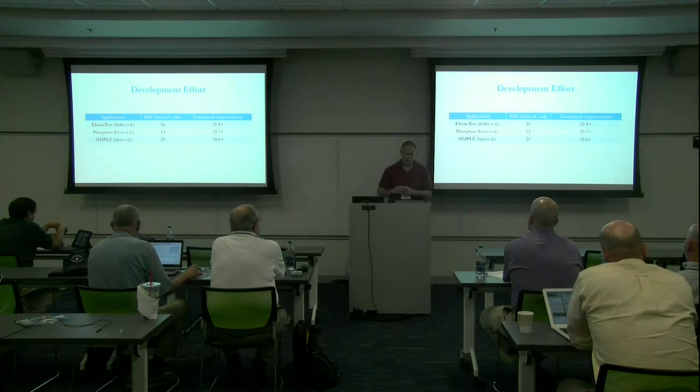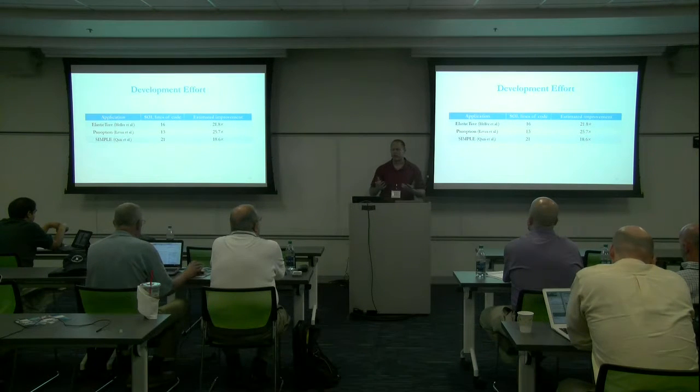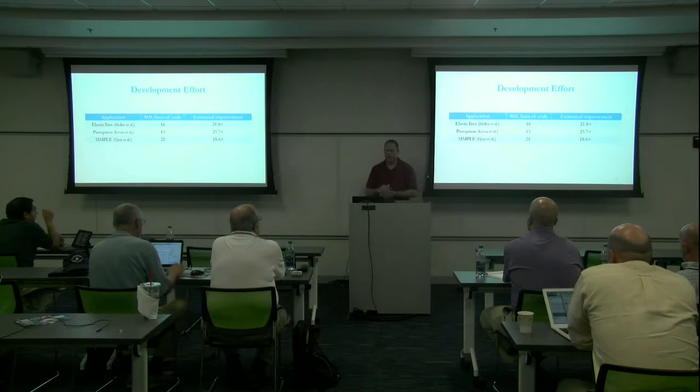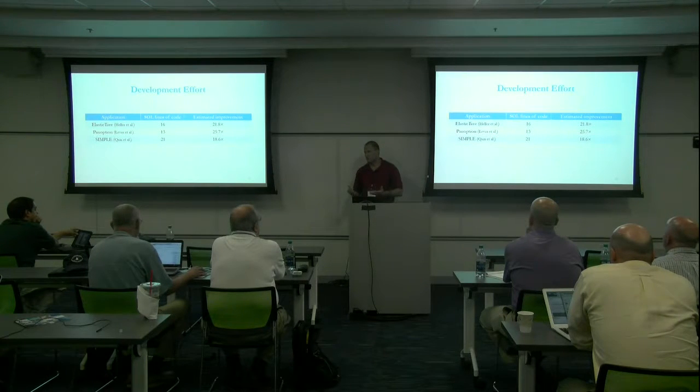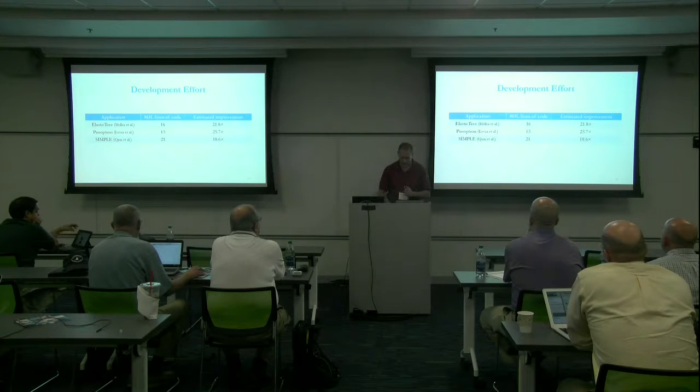We actually got them from those authors. And what you see is that there's sort of an order of magnitude plus improvement in just the number of lines of code you're writing here. Now, I'm first to admit that's not a great measure of how hard it is to use a tool, but it's the only one we can think of, and maybe you guys have ideas for better ways of measuring this. I don't know. I'd love to hear them.